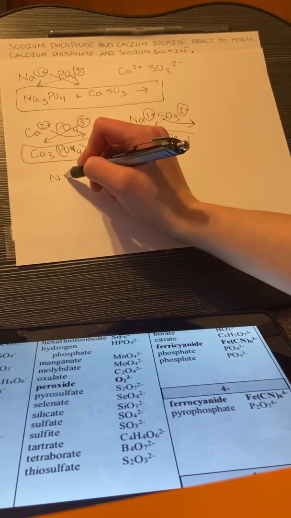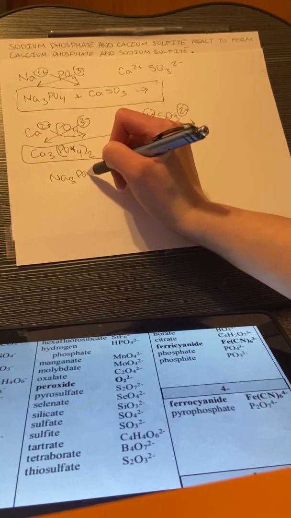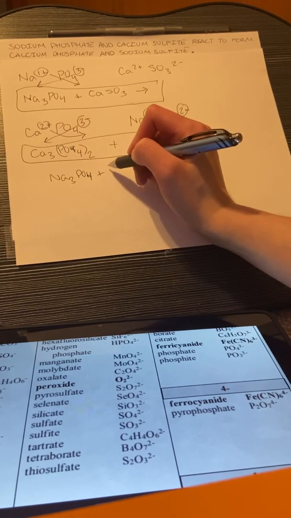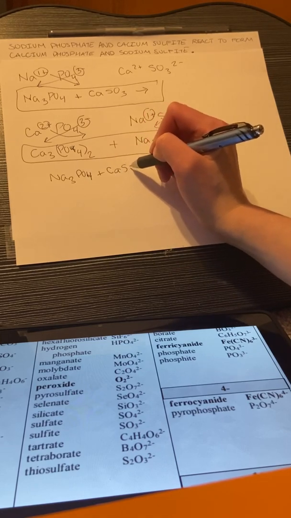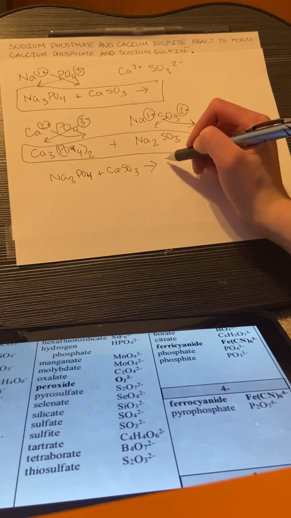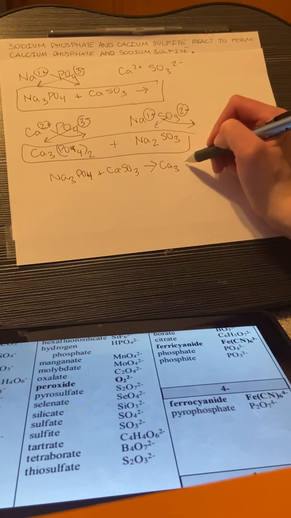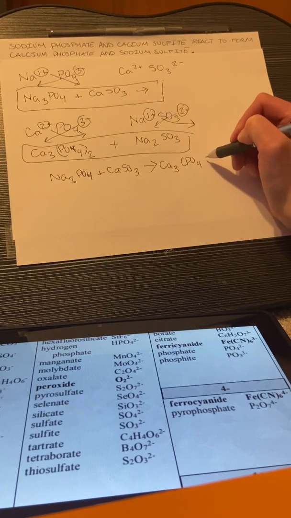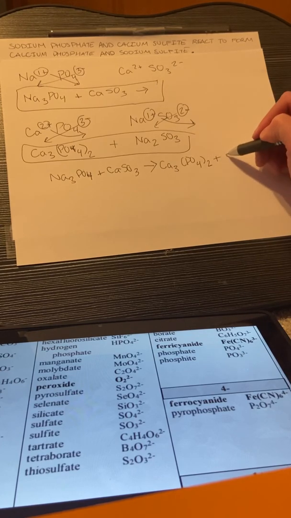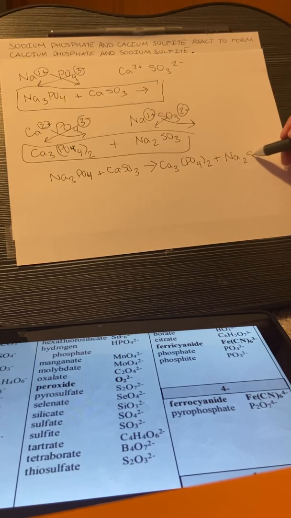So it's going to be Na3PO4 plus CaSO3, arrow, Ca3(PO4)2 plus Na2SO3.